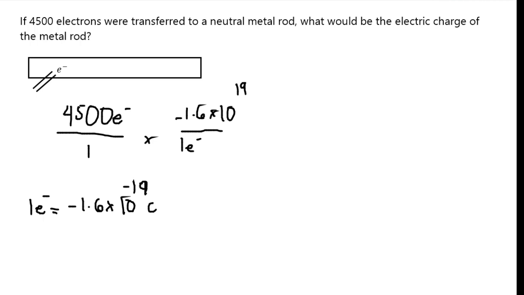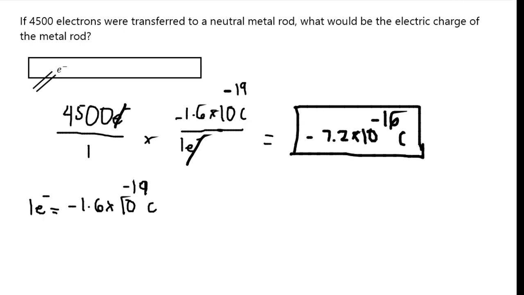Sorry guys, I was just doing stoichiometry all day. We can cancel the electrons here, then multiply, and we will get the electric charge that was transferred into the metal rod. So this metal rod is now composed of negative 7.2 times 10 to the negative 16 coulombs of charge. It is negative, meaning there are more electrons than protons.